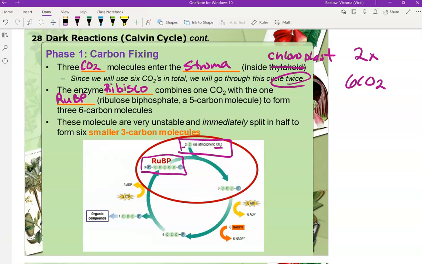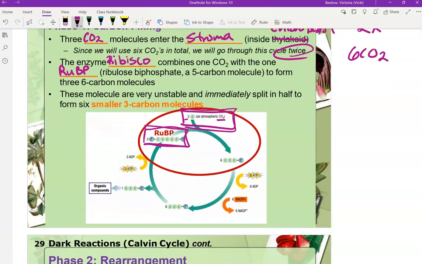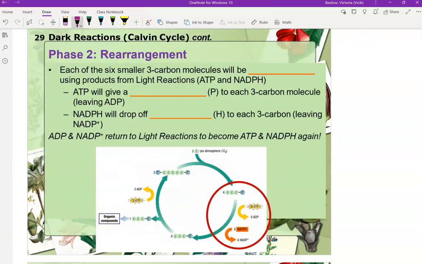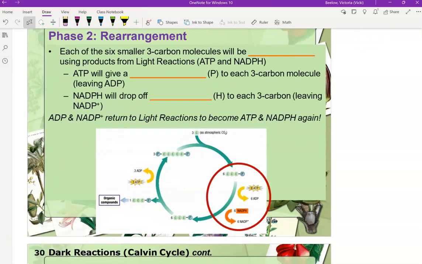And this molecule is actually made from the breakdown of the unstable molecule made by the combination of these two things. And that is the first phase. Phase 1, carbon fixing. We're taking carbon dioxide from the atmosphere, we're in the stroma, and we're combining it with a molecule called RuBP. Now we're going to see where those things come into play from the previous reactions.